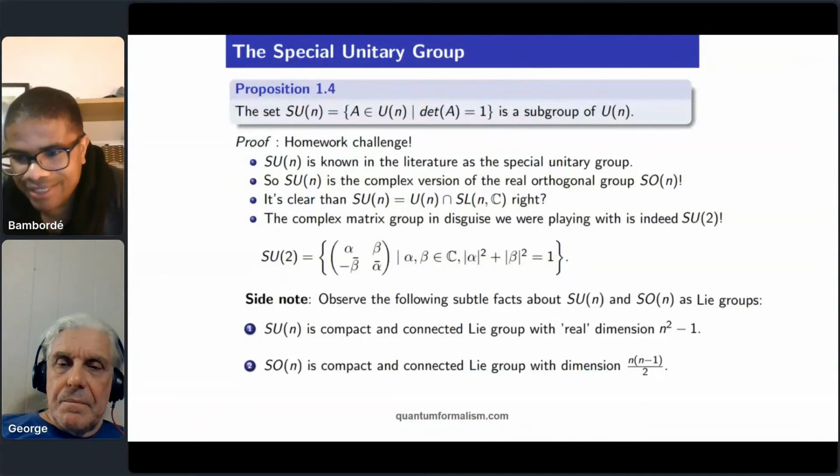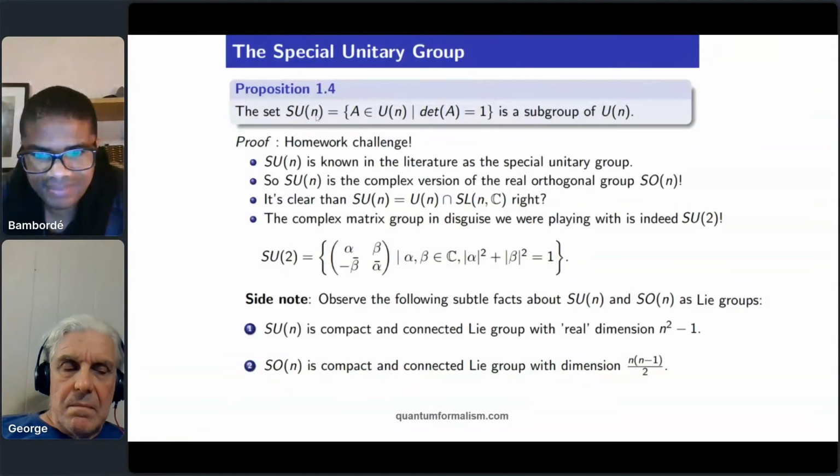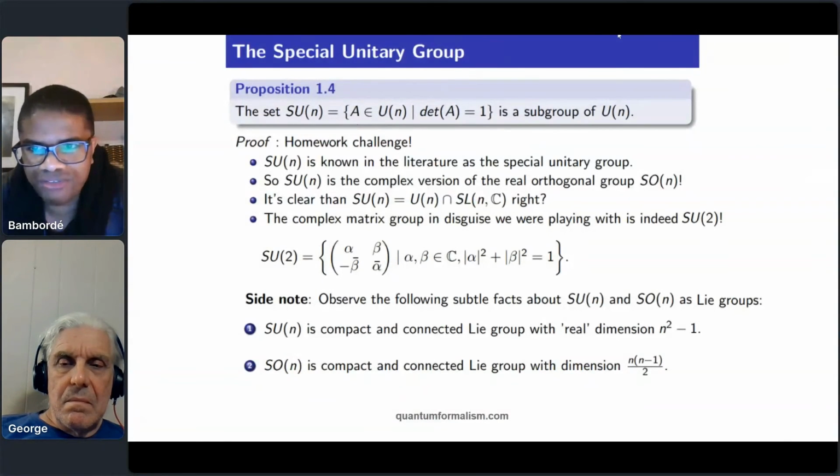So Amir is saying, let's try to help Amir to see. So Amir, are you saying that this is a subgroup of?